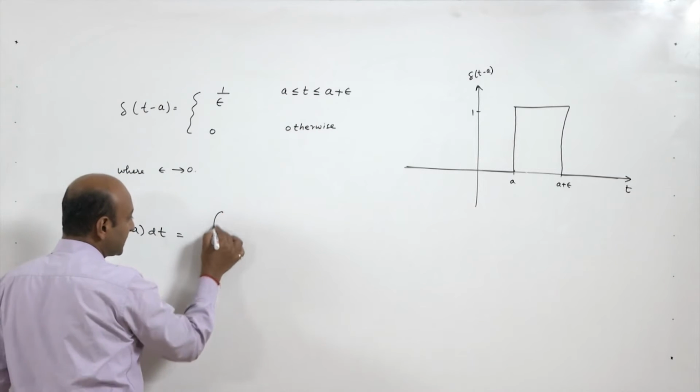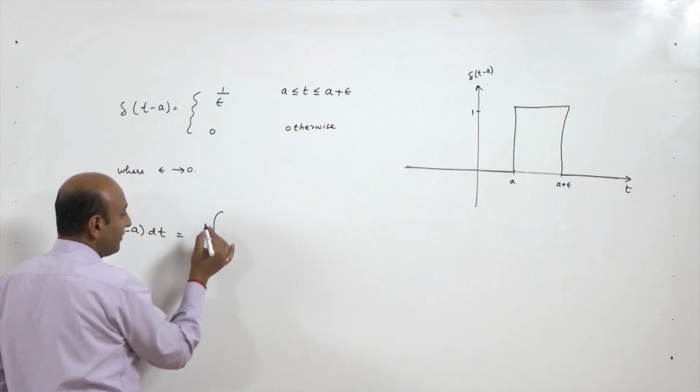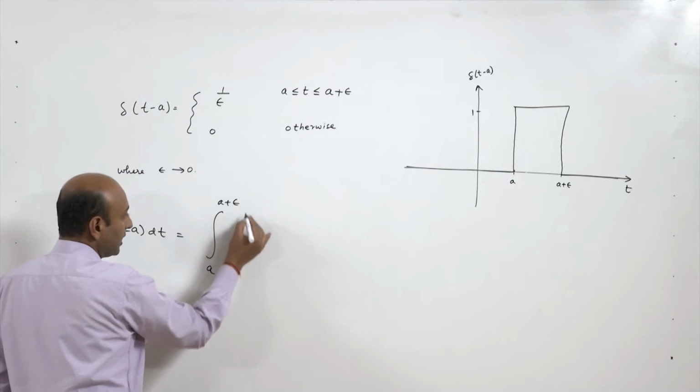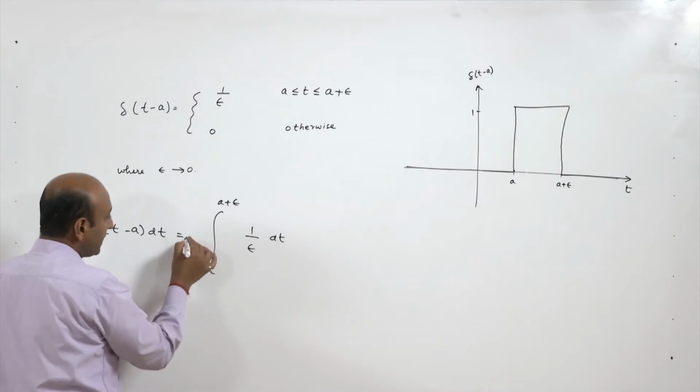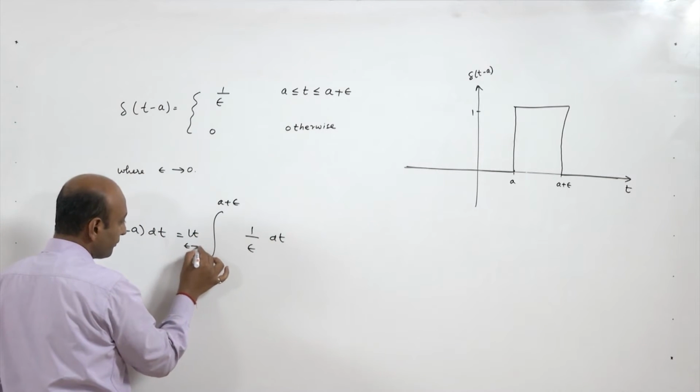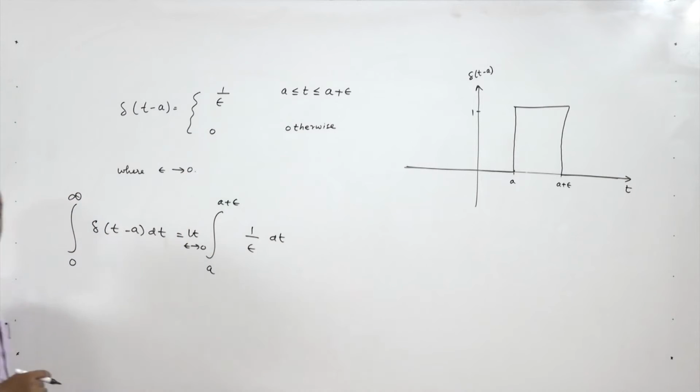So, this integral has a value only when t varies from a to a plus epsilon, where epsilon tends to 0.